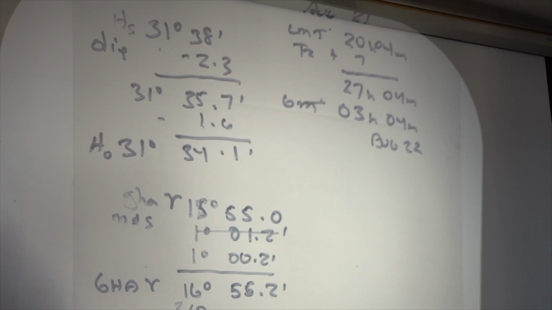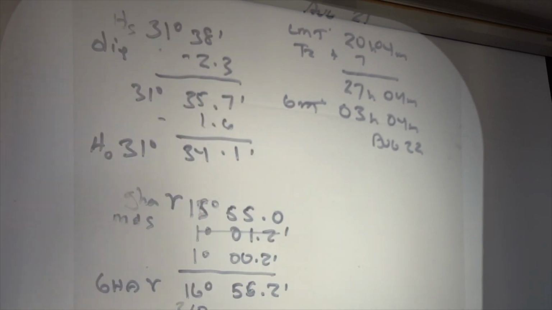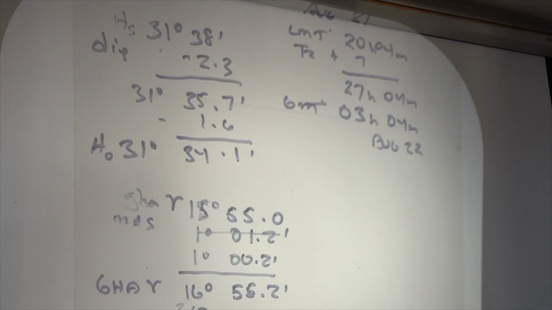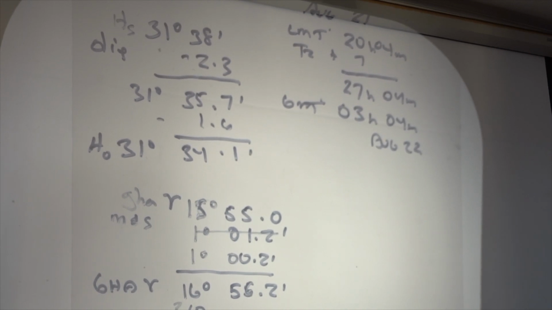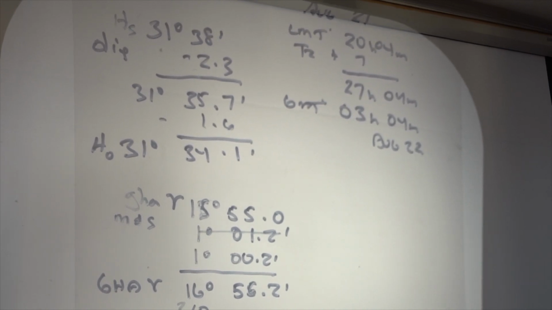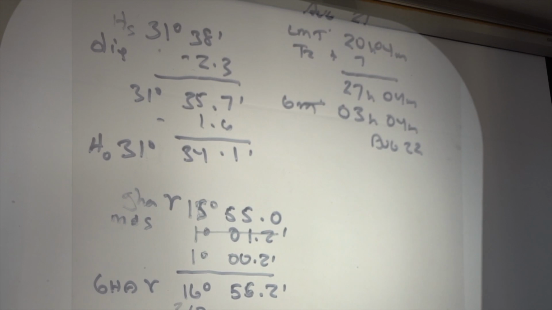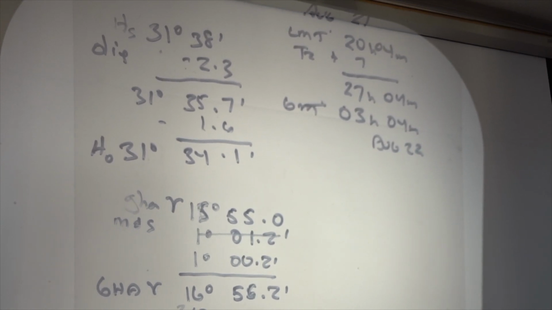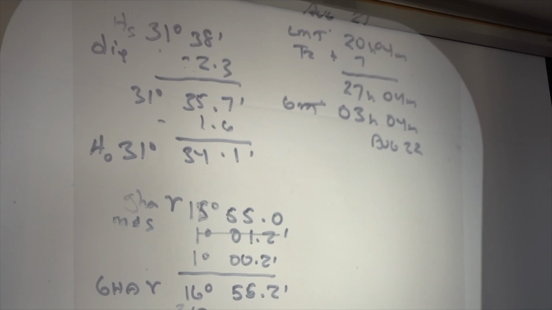So to get the LHA, we've got to subtract our assumed longitude. Let's start off with adding 360. That ends up being 376 degrees, 56.2 minutes. We have an assumed longitude, I'm going to say, of 116 degrees, 56.2 minutes. And that gives us an LHA of Aries of 260 degrees.